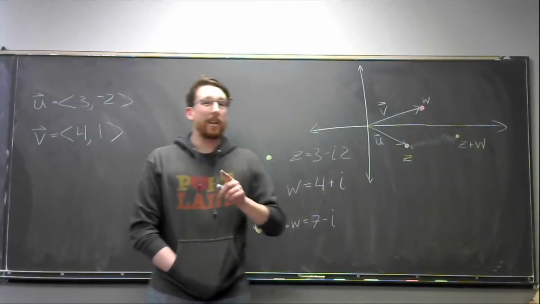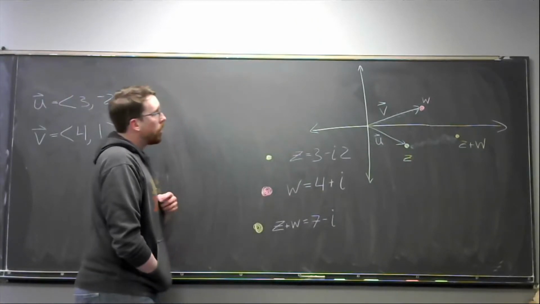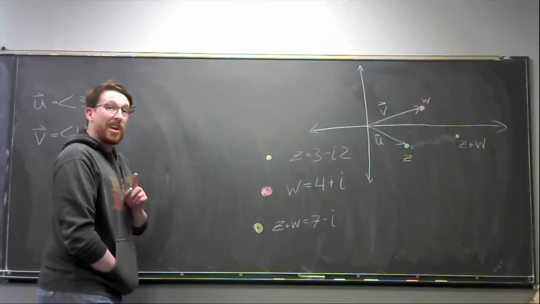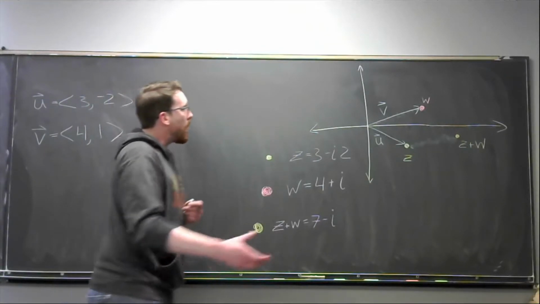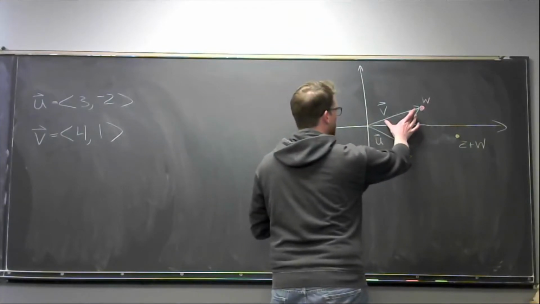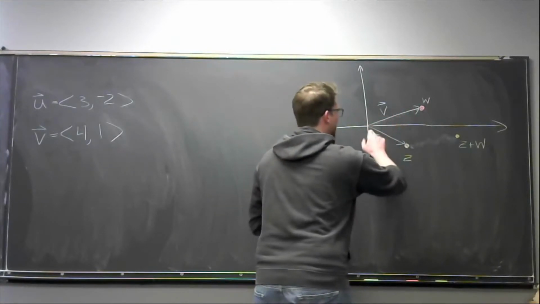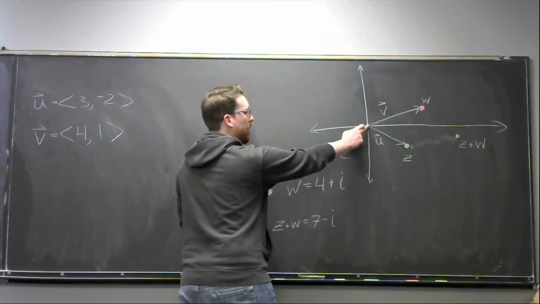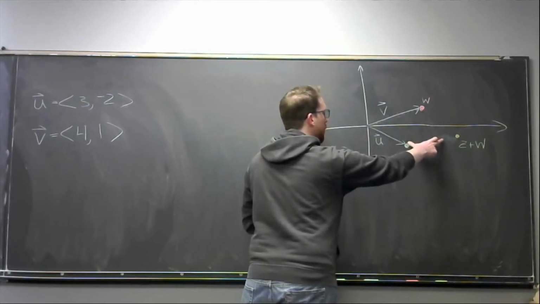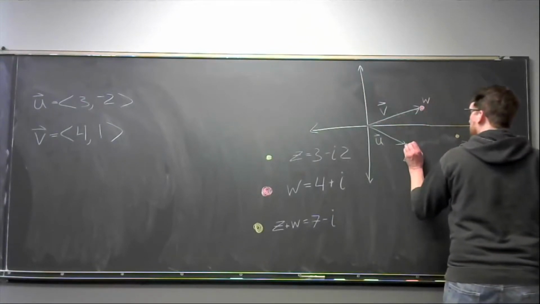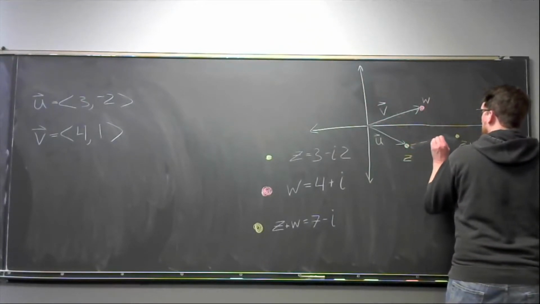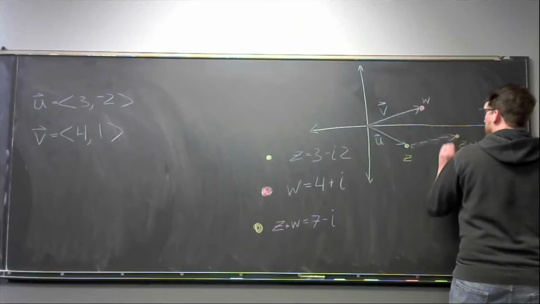Now, we're going to add these two vectors together. Remember, we can think of vector addition in a graphical way, right? We can imagine moving the tail end of v to the head of u. When we do that, it looks like this.